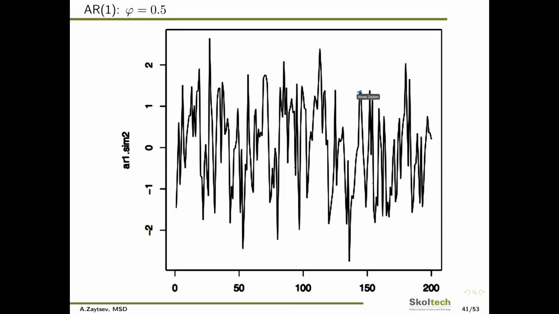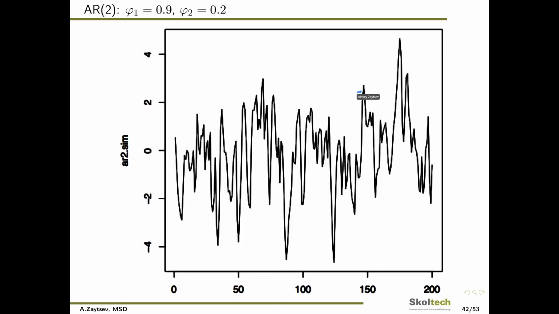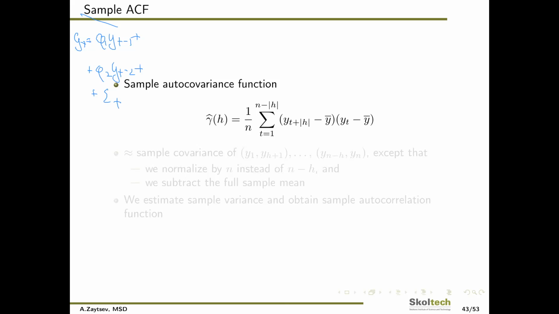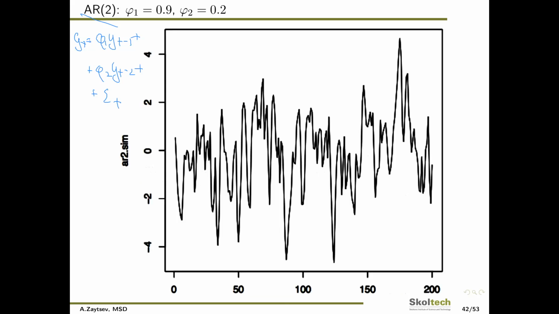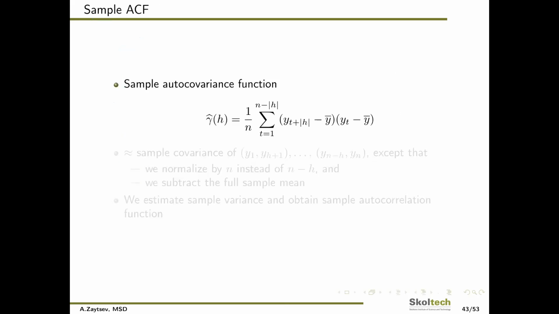We also have some connection here. We can also introduce multiple steps. You can say y_t is not only phi times y_{t-1}, but we can also incorporate phi_2 times y_{t-2} plus some epsilon_t, and so on. If you have two terms, the name of this process is autoregression of the second order, with two phi's to estimate, and we can produce more interesting behavior if we need it for modeling more complex processes.